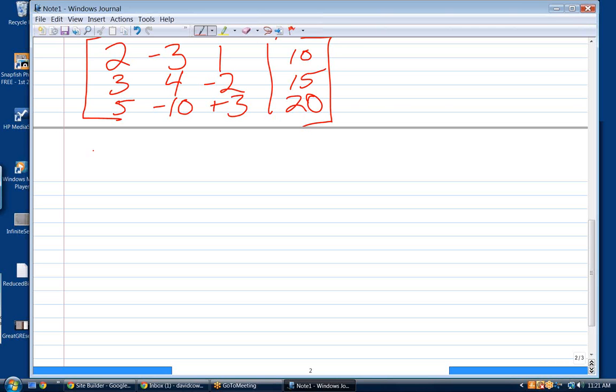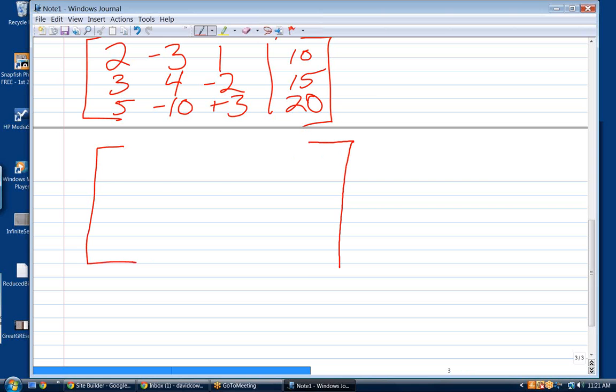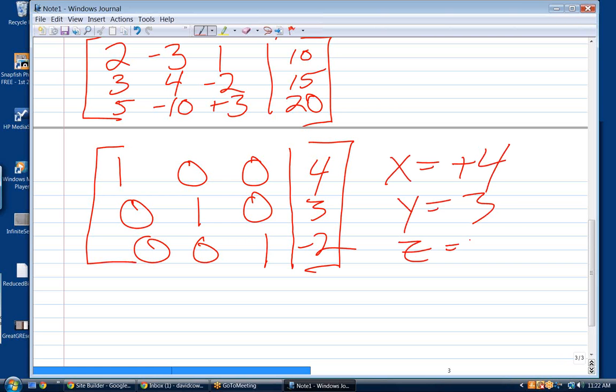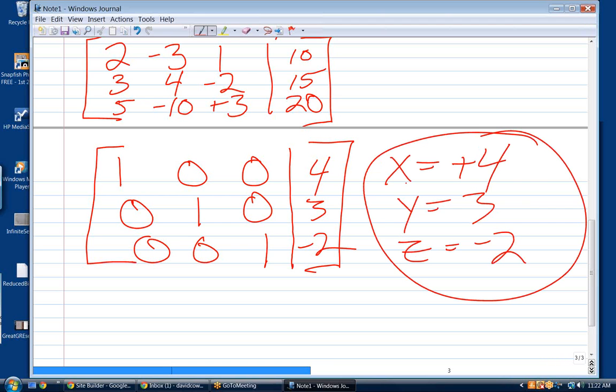Okay? If we can manipulate this matrix and get it to look like this, then x is equal to plus 4, y is equal to 3, and z is equal to minus 2.